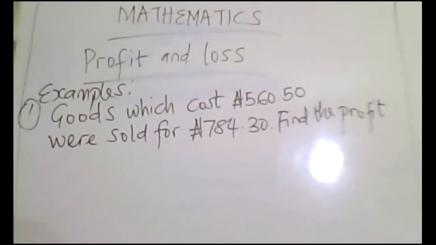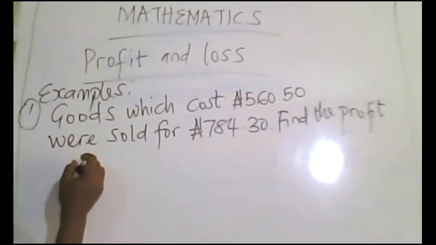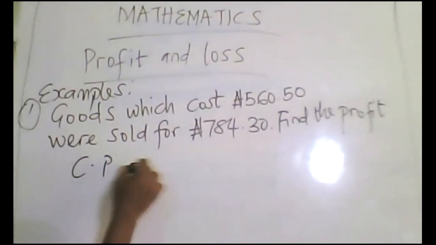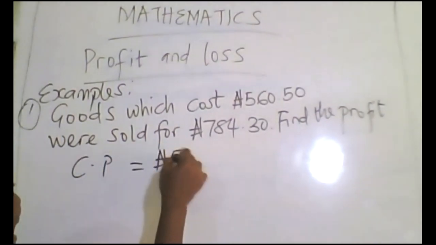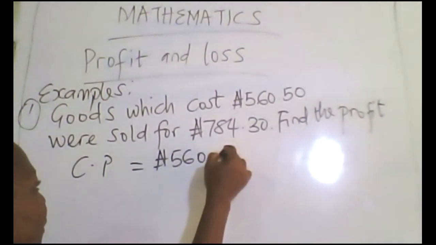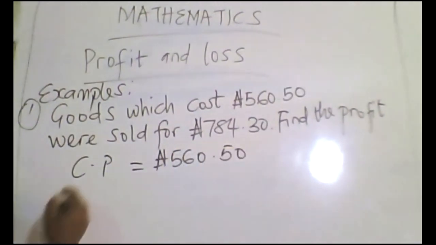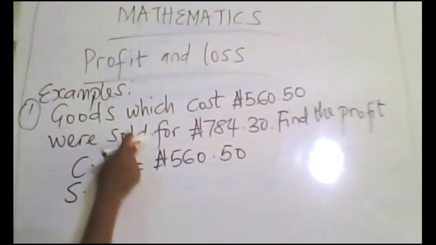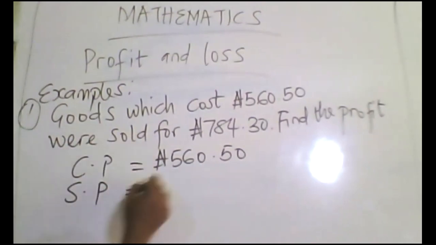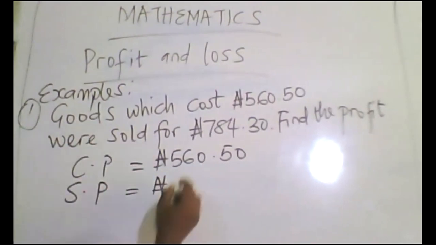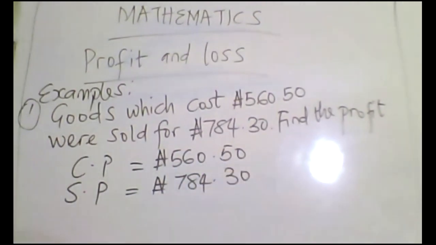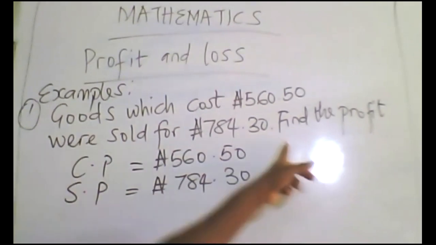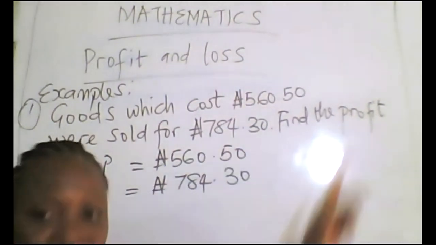Now, the first thing is to look for the cost price. The cost price equals 560 naira 50 kobo. Now the selling price, where it says sold. The selling price equals 784 naira 30 kobo. The question says find the profit.